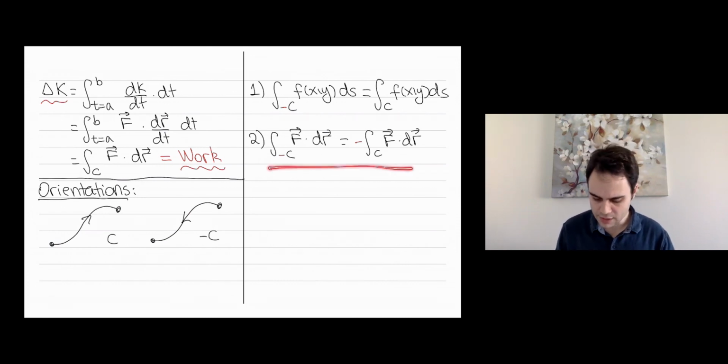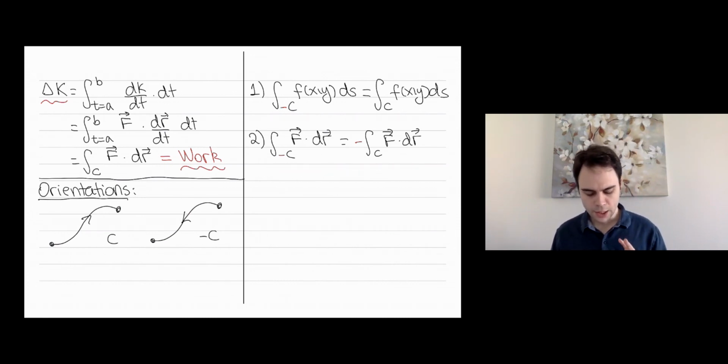But in the second case, if we're computing work, the orientation of the curve is important. If a force is pushing a particle from behind, the speed of the particle is increasing, so the change in the kinetic energy, that is the work, is positive.